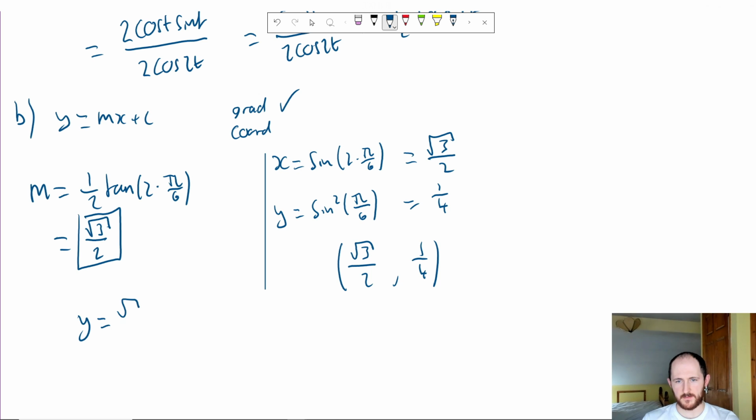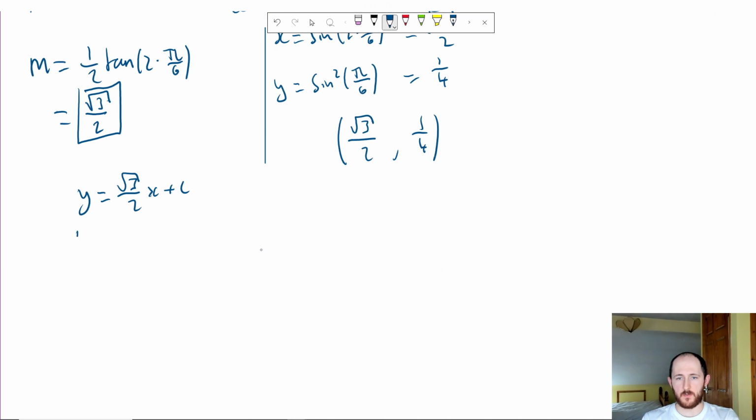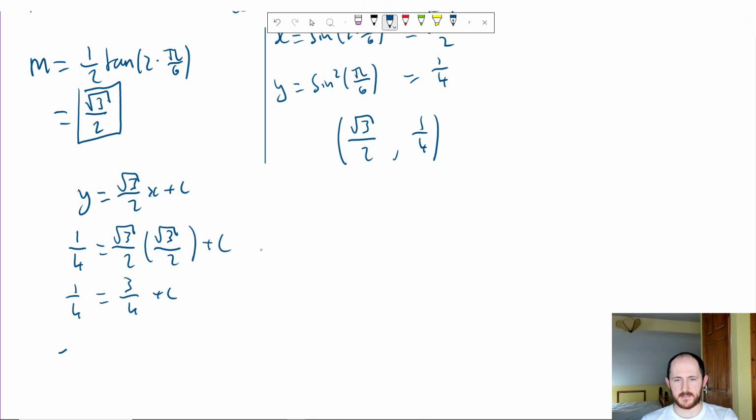y equals root 3 over 2 x plus c. Sub in your value for x, sub in your value for y, so we get a quarter equals root 3 over 2 times root 3 over 2, which is going to become something nice. A quarter equals 3/4 plus c. So subtract that over, that means negative a half equals c.